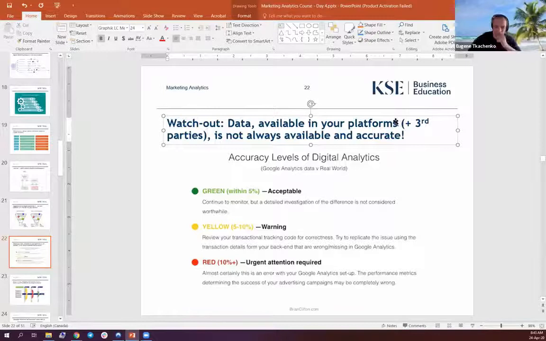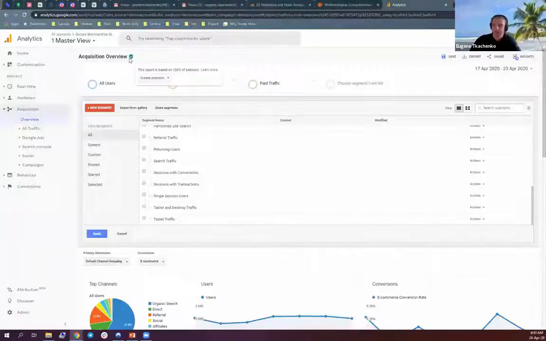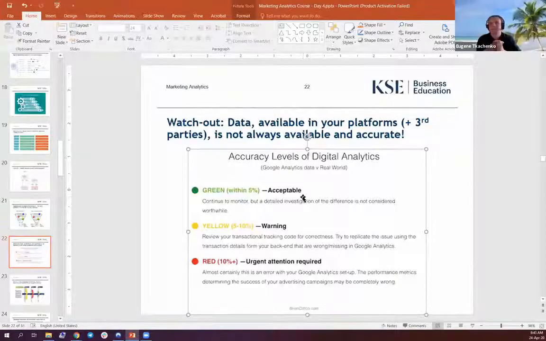So it's not always consistent. And the problem is that you need to know the methodology of how they collect the data. For example, in Google Analytics, if you see this green icon, it usually says that this information is unsampled. So think about it in the following way.